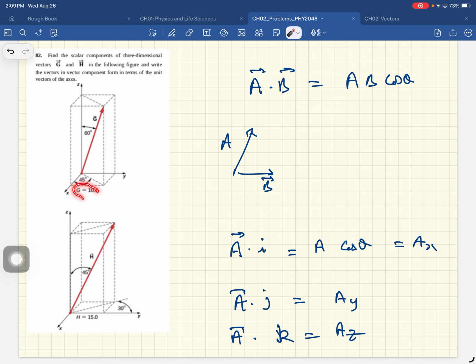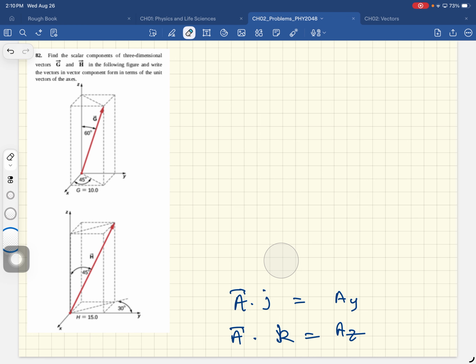Now here, I'll write gx. Okay, so gx is the following. This angle is 60 degrees. I guess this diagram is not that good. This angle is 30 degrees, right? This angle is 90 degrees, so this angle is 30 degrees.